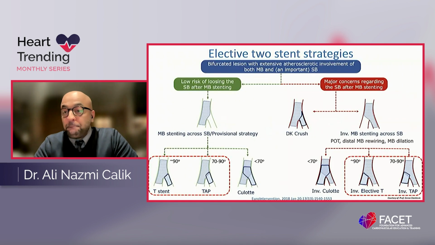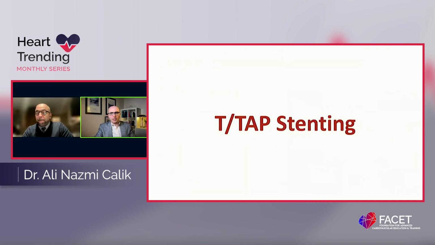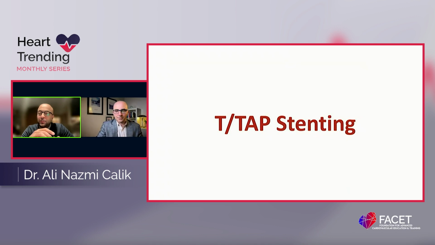And in terms of guide size for this equipment, do you prefer 7 French or 6? Theoretically, Chadi, you can perform all of these stenting techniques that I mentioned in my presentation, T, TAP, culotte, and DK crush, with 6 French.